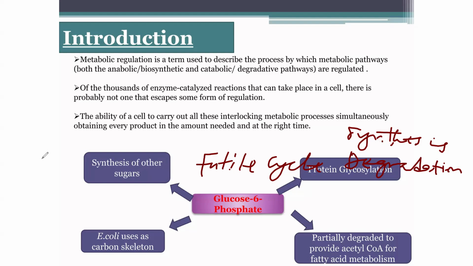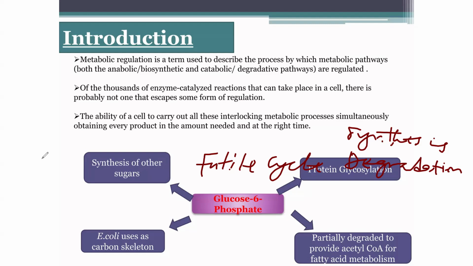It is the ability of a cell to carry out all the biochemical reactions, all the metabolic processes simultaneously, obtaining only products in the amount needed and at the right time. That is one of the main reasons for metabolic regulation. The amount of product of a particular metabolic process that is needed will be produced at the right time.